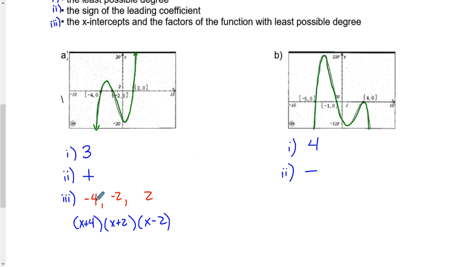Because these zeros are the zeros of each of these factors. If I plug -4 into here, this makes this 0. If I plug -2 into here, this is 0. If I plug 2 into here, it's 0.